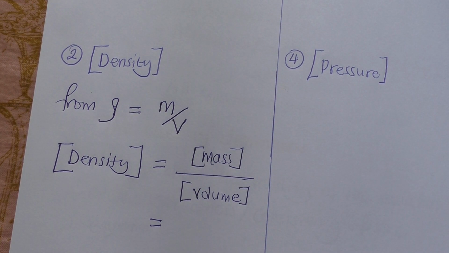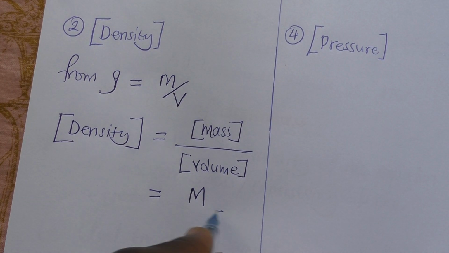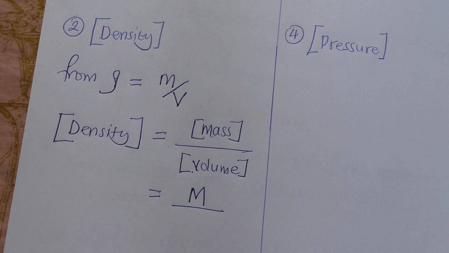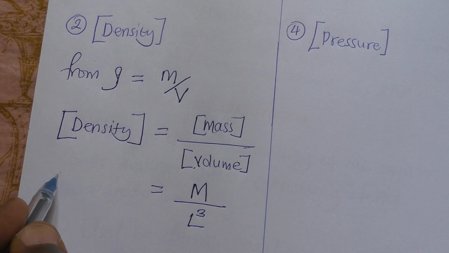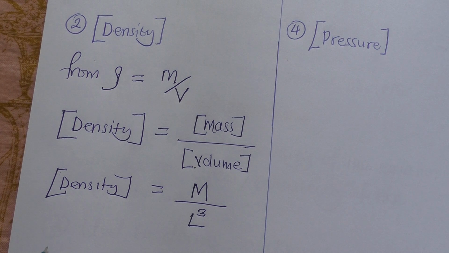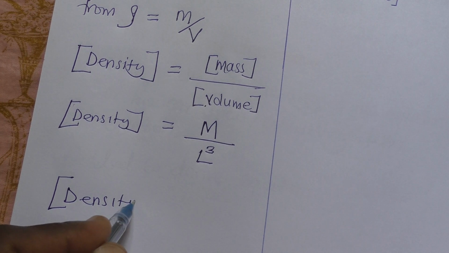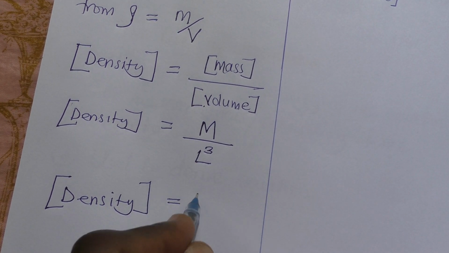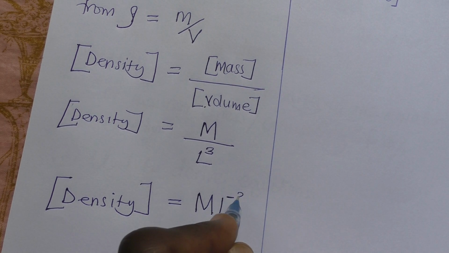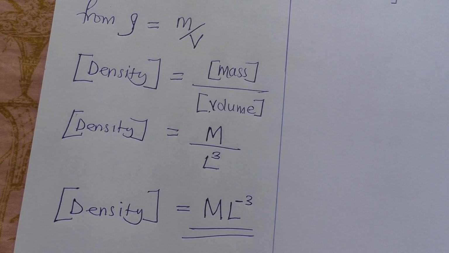But dimensions of mass, since mass is already a fundamental quantity, is capital M. Then the dimensions of volume, remember volume is length cubed, so this one is length cubed. That gives us the dimensions of density, and therefore we shall conclude by saying that dimensions of density equal mass per length cubed. So that is how we get the dimensions of density.